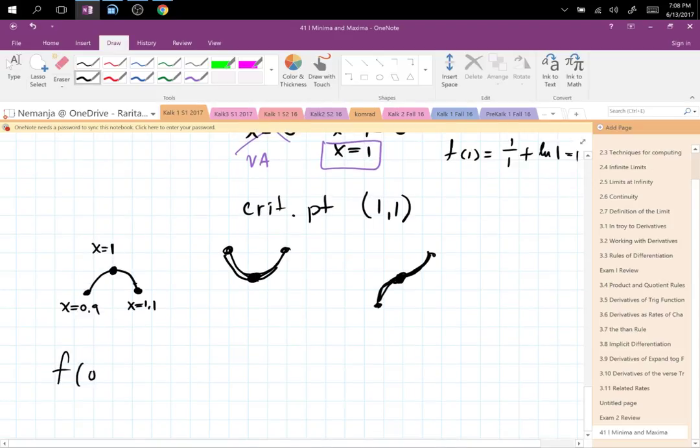So how much is f computed at 0.9? You can use your abacus to do that. You have 1 divided by 0.9 plus the ln of 0.9.